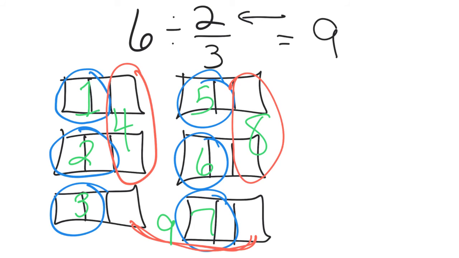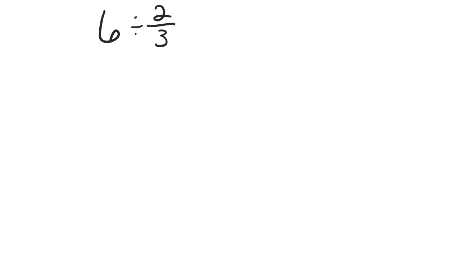Okay, I'm going to show you another method that you can use to solve this. We're going to take the visual we just did, and I'm going to show you mathematically what the visual is actually doing. If you think back to the visual, you made 6 wholes and you cut them into thirds, and that actually made 18 thirds. We can say that because 6 is equivalent to 18 thirds.